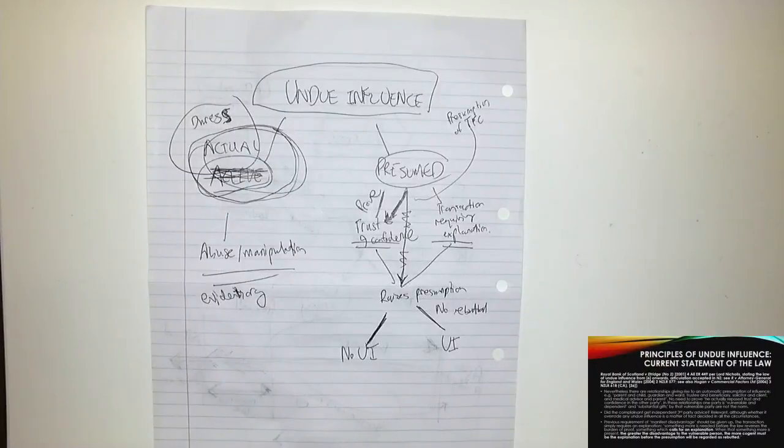You can just say that it's that kind of relationship, and there will be an automatic presumption of influence. It's not clear whether that category is closed. For our purposes, you can just rely on the examples that Lord Nichols provided, and if it's not in that list, then try and prove from the evidence that there was a relationship of trust and confidence. Okay?